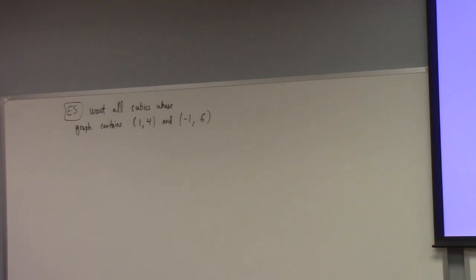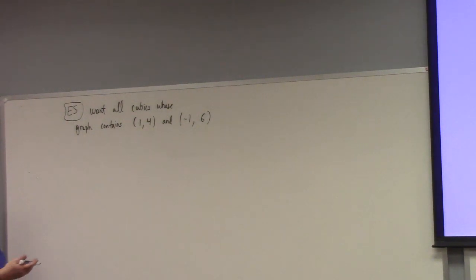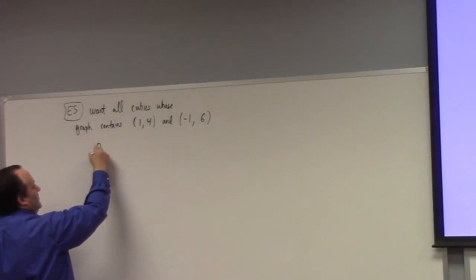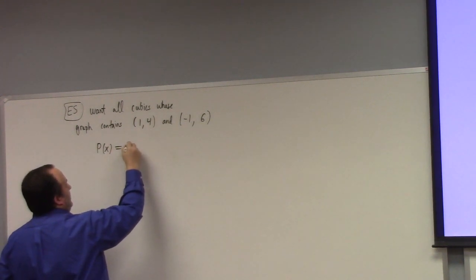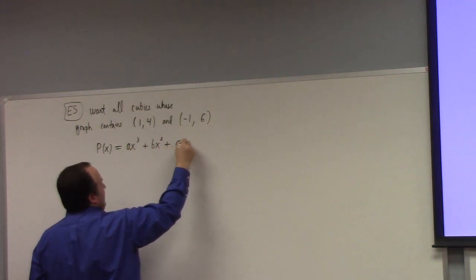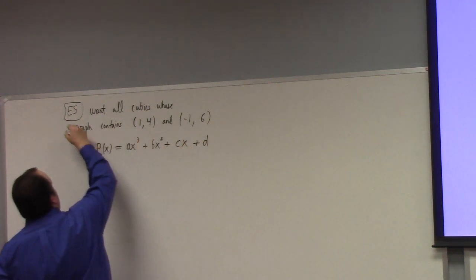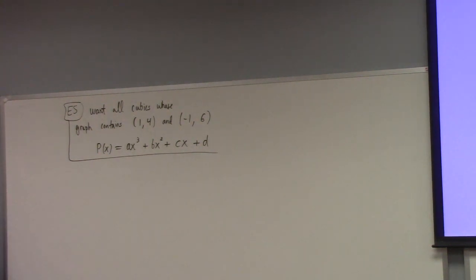Definitely not, right? 2 points don't even fix a quadratic, right? So what is a cubic? What's it look like? We're talking about p of x is something like, I'll use ABCD, ax cubed plus bx squared plus cx plus d, right? That's our model function. A, B, C, and D are parameters, okay?